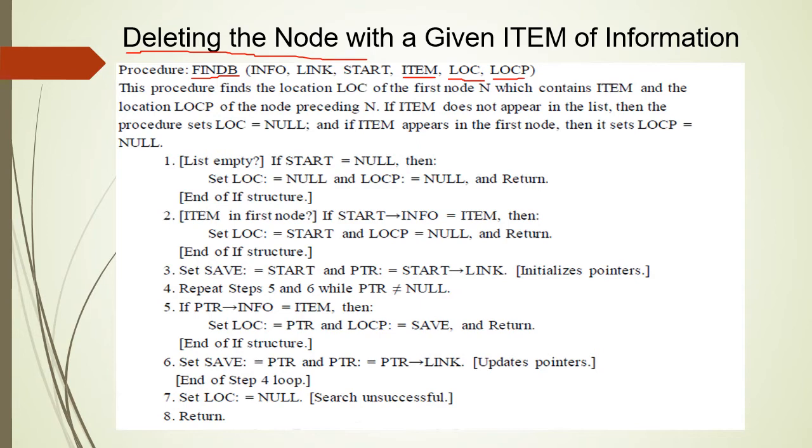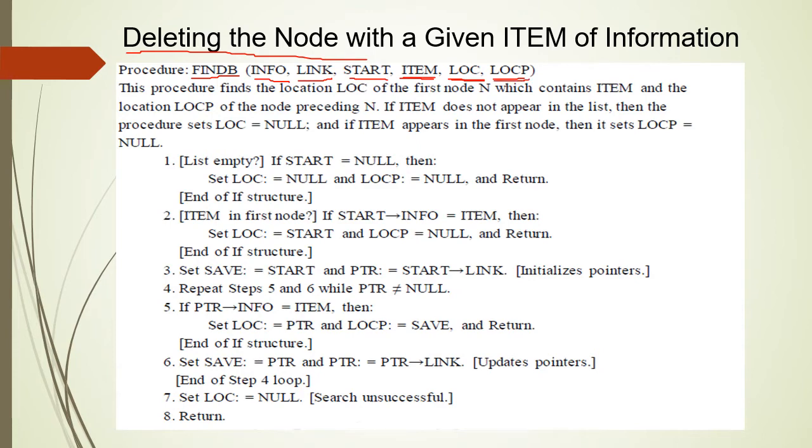This function will take these many parameters. Info means the data field, link means the next field, start is nothing but the address of the first node, item is the key element to be searched, LOC is the variable which receives the base address of the node which contains the key element, otherwise it is null.